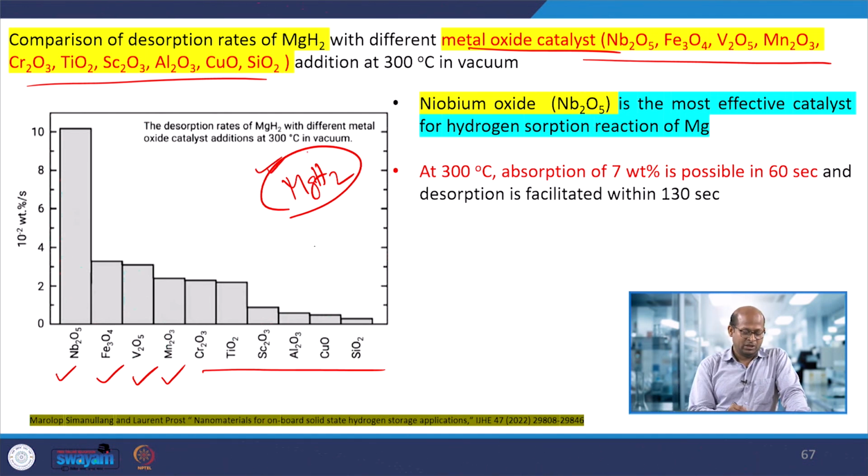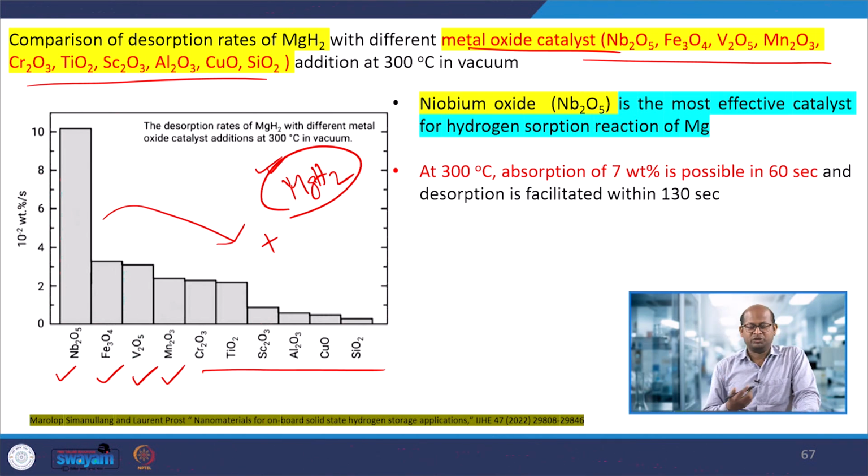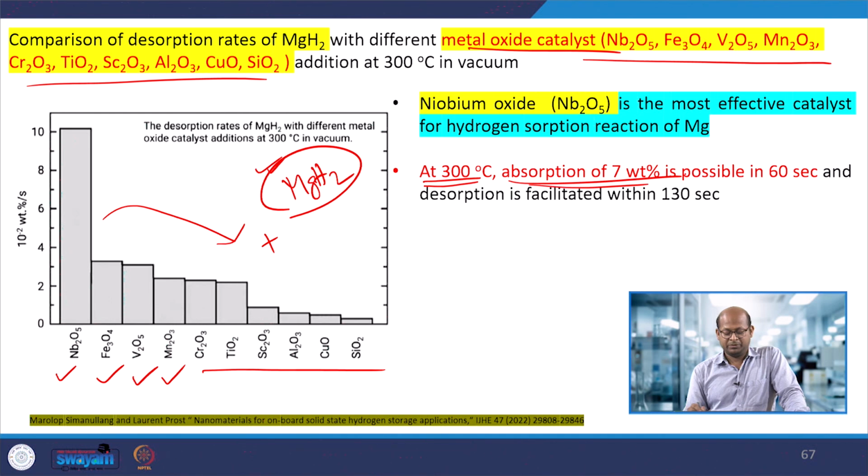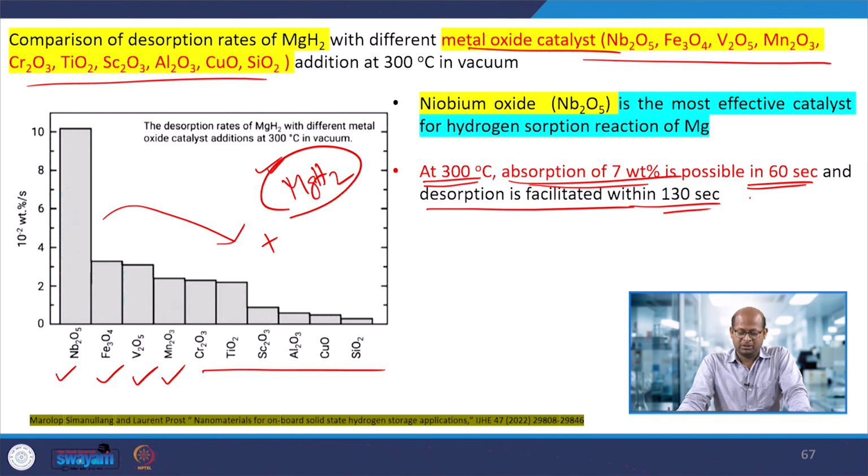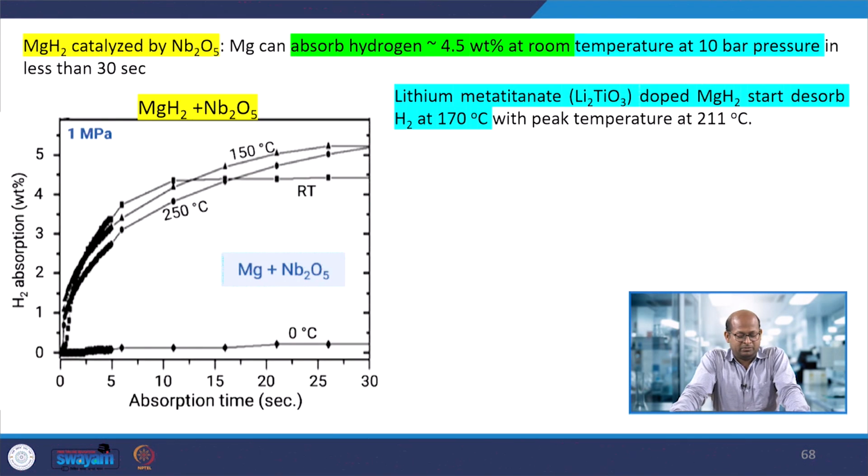With any of these metal oxides, nanomaterials, we can impregnate or make composite materials, so that they can easily store and release a good amount of hydrogen. Here these materials can absorb approximately 7-8% hydrogen in 60 seconds, and desorption takes approximately 130 seconds. So this one is much more effective compared to the other metal oxides and nanomaterials for hydrogen storage in magnesium hydride.